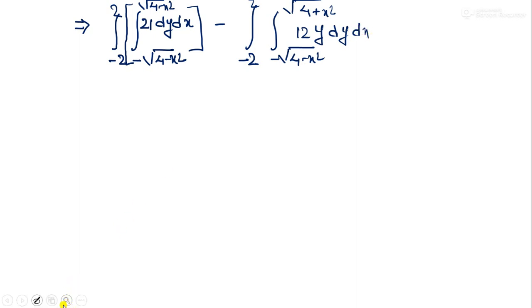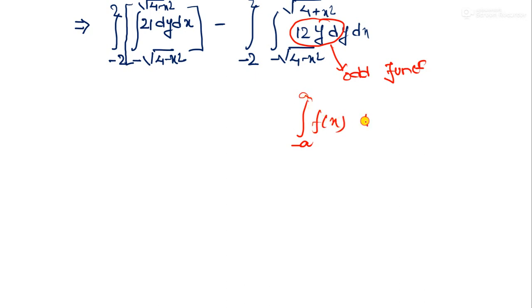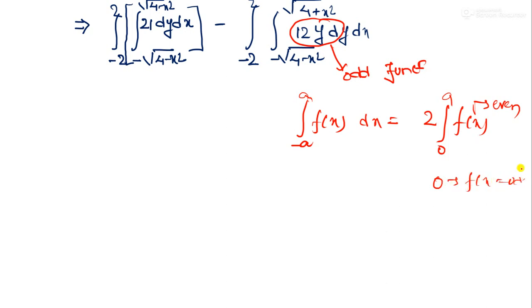Now using the property of basic integral functions, this is an odd function, and the integral from minus a to a of f of x dx equals 2 times the integral from 0 to a of f of x when f of x is even, and 0 when f of x is odd. In this case it is odd, so the entire integral will be 0. So why take the burden of this factor? Just ignore it, and we only have to solve the dy dx part.